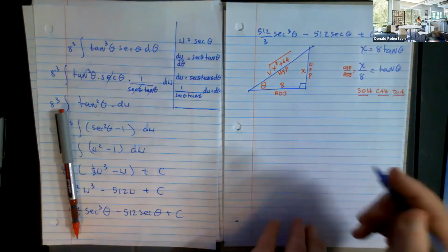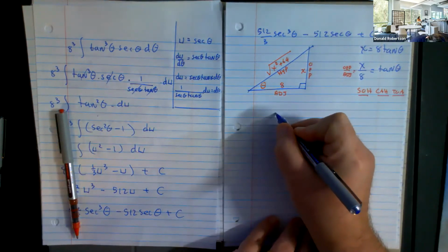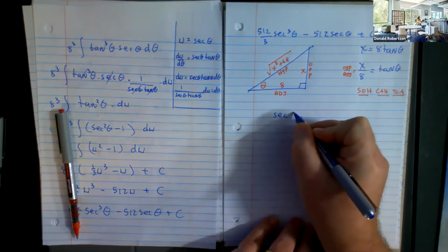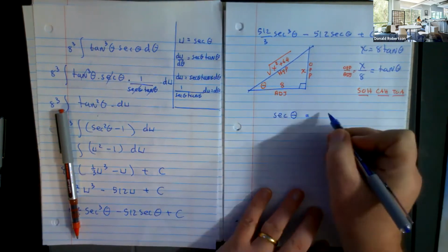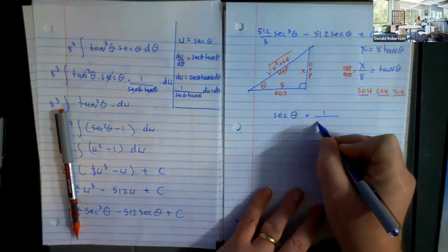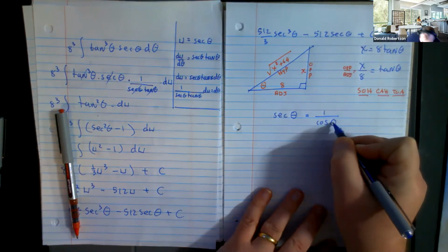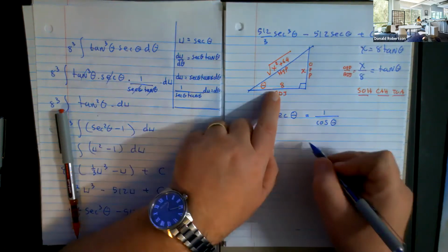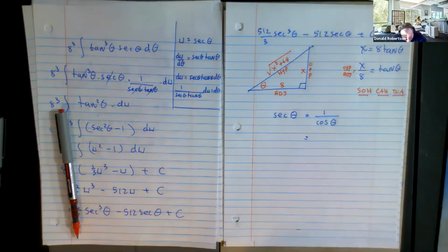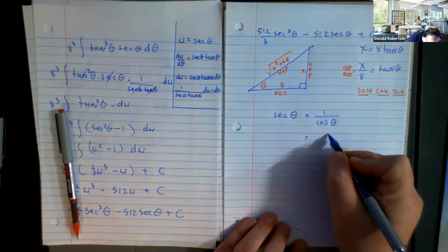So if I asked you how to find the secant of an angle, there are a couple of ways to do this, but one of the most obvious ways for me is, isn't it 1 over a cosine? Do you agree a secant is 1 over a cosine? Now, according to SOHCAHTOA, what is a cosine equal to?